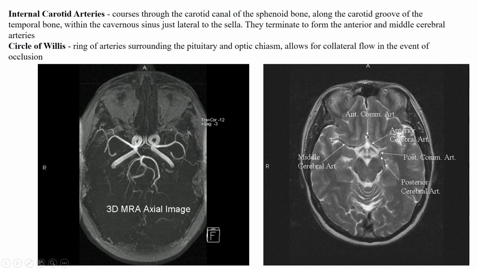And then you would have your posterior cerebral arteries coming here back to feed the occipital lobe, your middle cerebral arteries on either side going laterally in the brain, and then your anterior cerebral arteries coming anterior and then moving superior, as well as your anterior communicating artery. Posterior communicating artery here between the posterior cerebral and the middle cerebral.